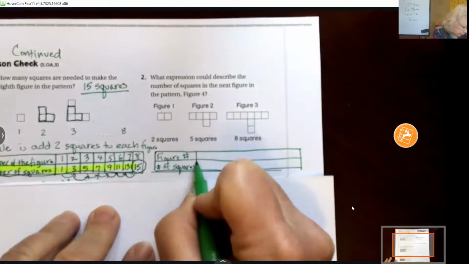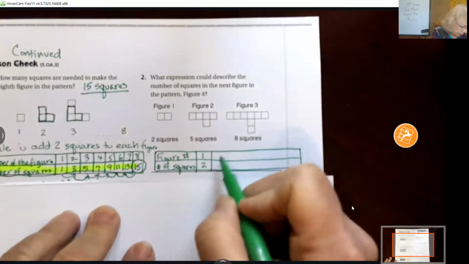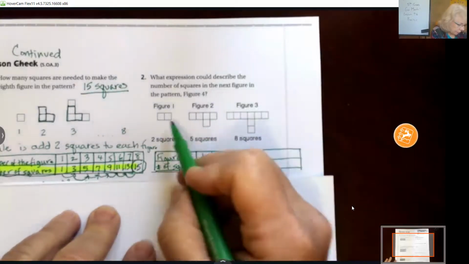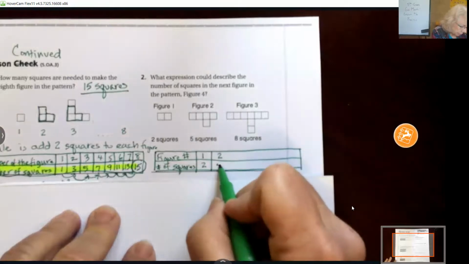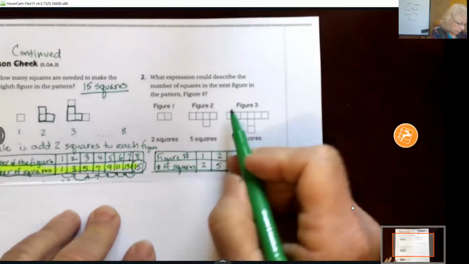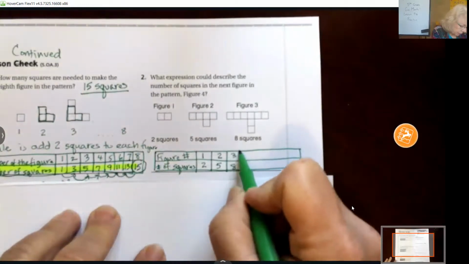And let's see what's happening. We have figure 1, and we're going to just count our squares. We have 2 squares. Now we have figure 2, and we have 1, 2, 3, 4, 5 squares. Now I have figure 3, and I have 8 squares.